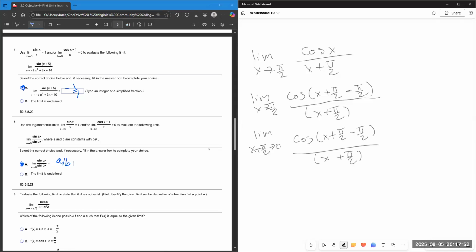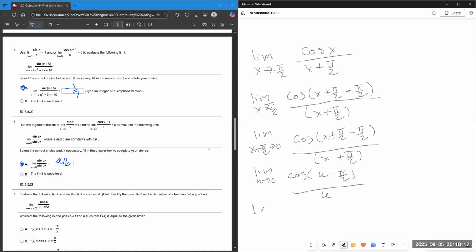I'm going to do a u substitution here. Limit as u goes to 0 of cosine u minus pi over 2 over u. And then using my even-odd identities, I can factor out a -1, and cosine is an even function.